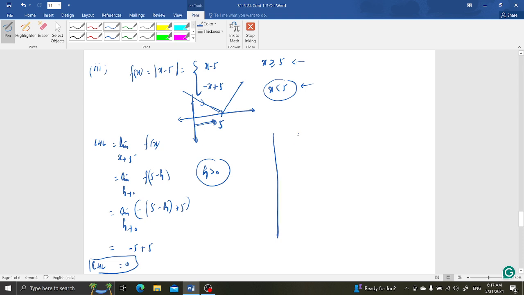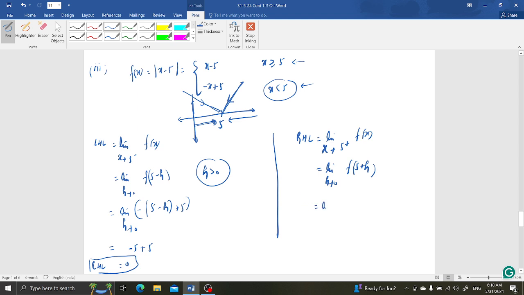And for the RHL, we do limit x tends to 5 positive f of x, limit h tends to 0 f of 5 plus h. It means that when x moves towards 5 from the right side, our task is to observe where f(x) moves. See, f(x) also moves towards 0.